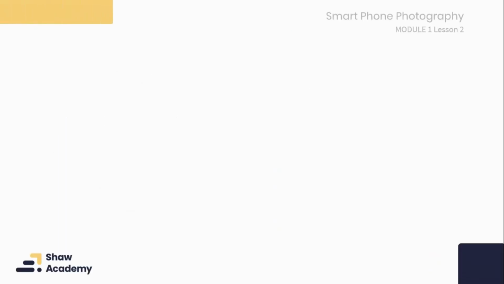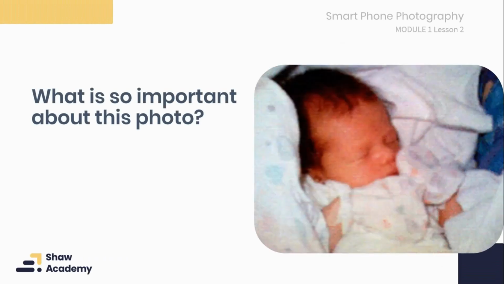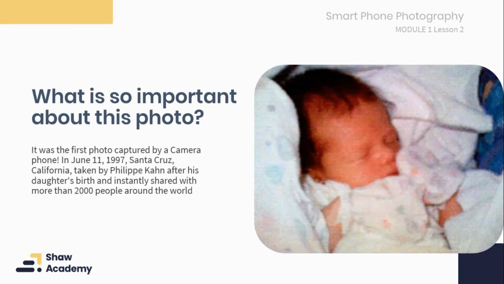Now, earlier on, I asked a question about this photograph. Why is this photo so important? Well, it's a historical photograph because it was the first photograph captured by a camera phone. All the way back in 1997, taken by Philippe Kahn, who was developing the first camera phone.